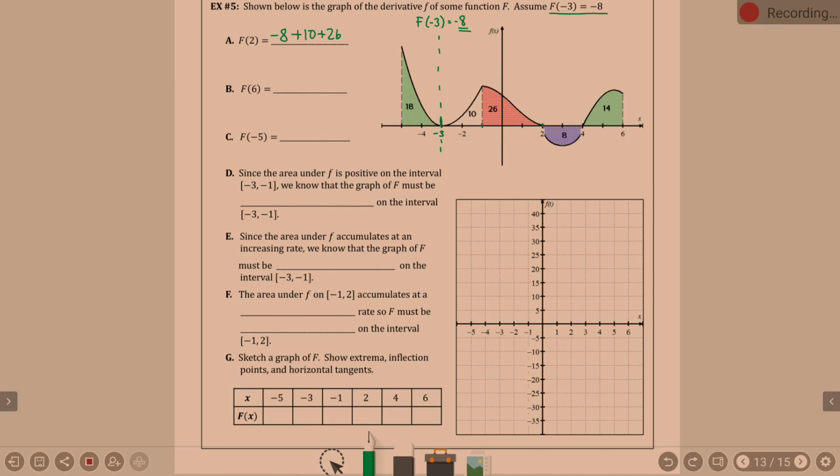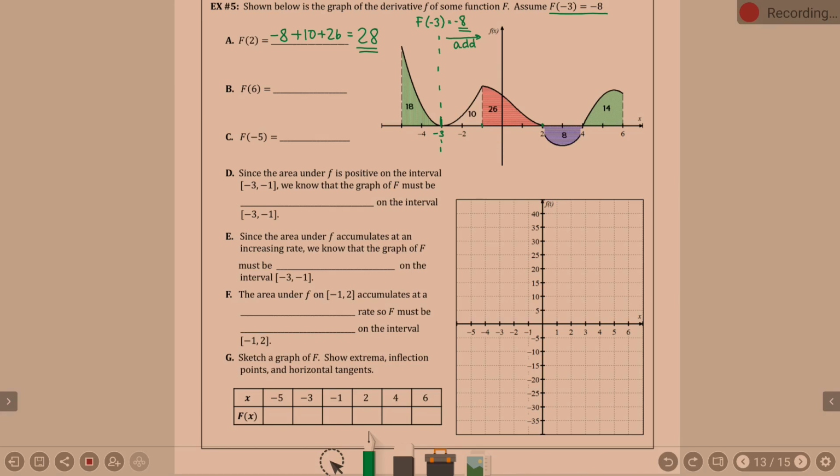We're going to F of 2, right? So we're accumulating up to 2. So what is negative 8 plus 10 plus 26? That is 28. Okay? So as we move to the right, we were accumulating or adding our values, yes?